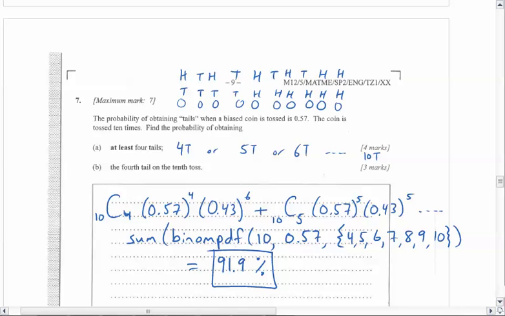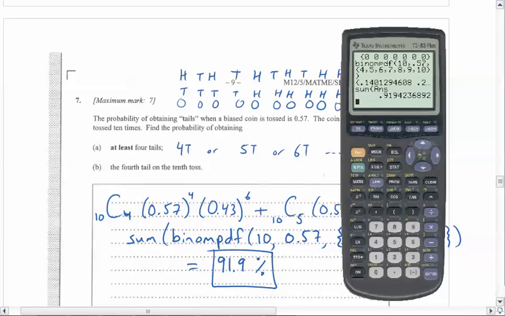Again, if I'm not sure of my answer, I'll double check it another way. Let's see. At least 4 tails is the same as at most 3 tails. So I should be able to get the same answer by doing at most 3. Binomial CDF going from 10 all the way up to 3.